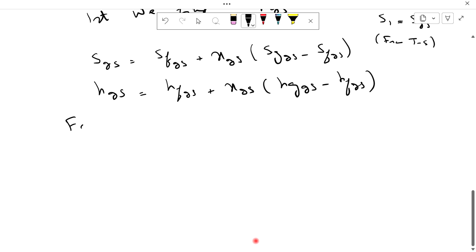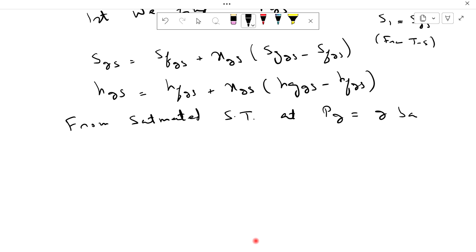So from the saturated steam table, at pressure P2, at point 2 the pressure is 2 bar.